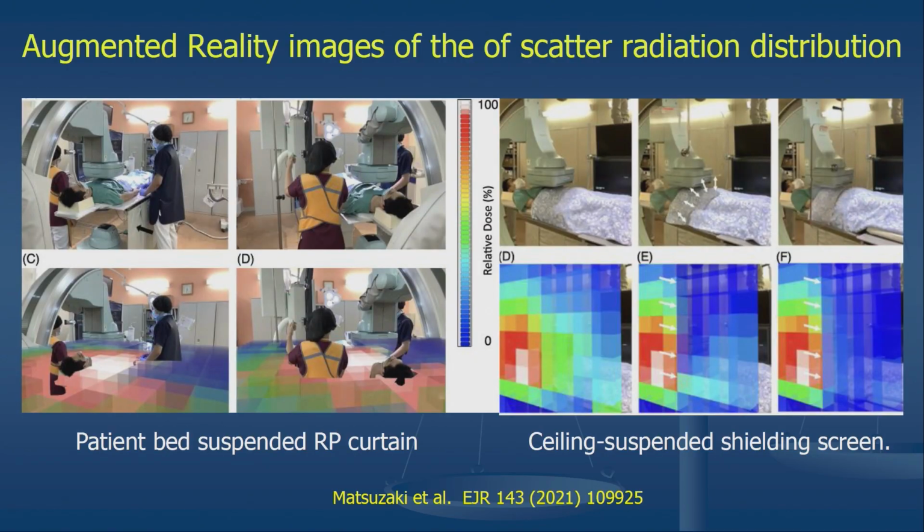And this is an example. It is based on the Monte Carlo calculation. Monte Carlo is a statistical prediction, as you all know. You can see here on the left image, it could be done in real time. This person is using fluoroscopy, and the colors show you how much scatter is there for the personnel. When the upper part is too high, and if you go to the blue, you are doing well. And this one here is also very important, showing you the distance between the image receptor and the patient.